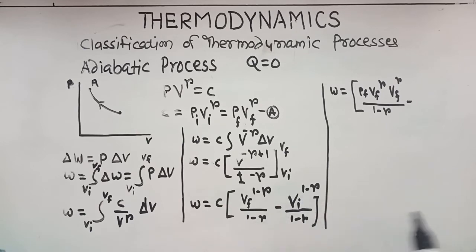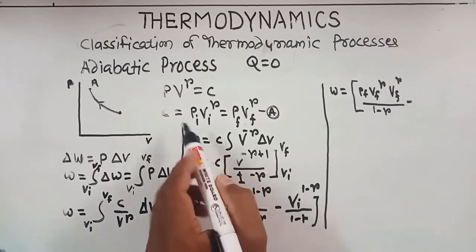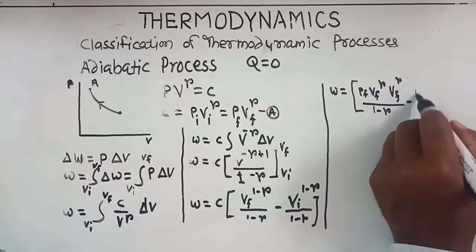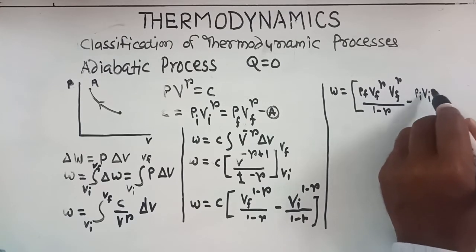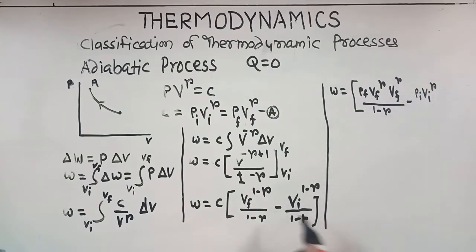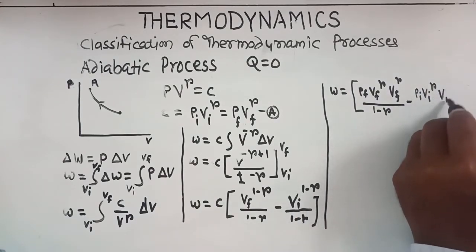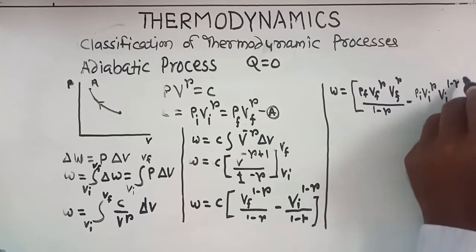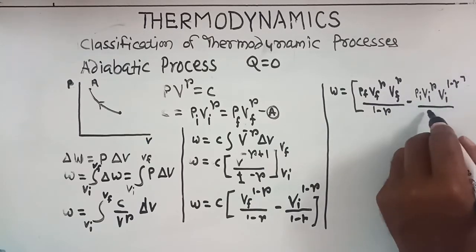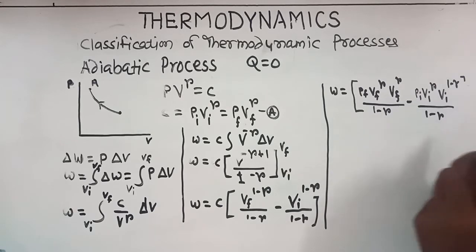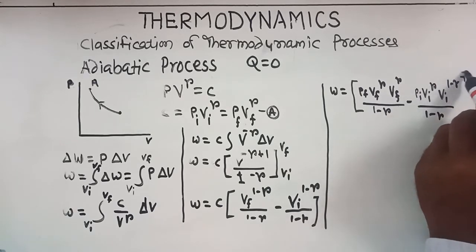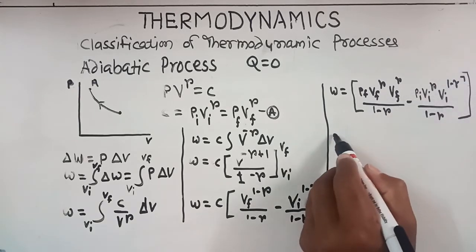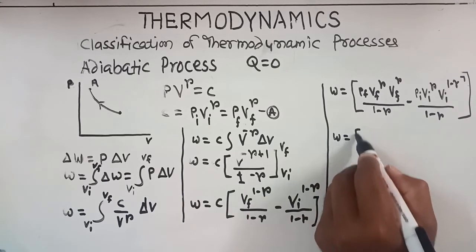Here C is equal to Pi Vi raised to gamma into Vi raised to 1 minus gamma divided by 1 minus gamma. This we get.